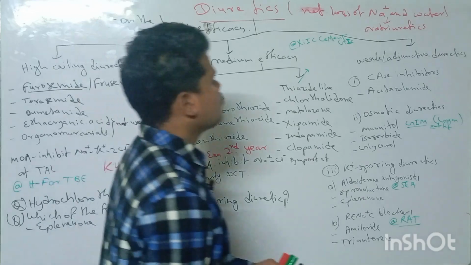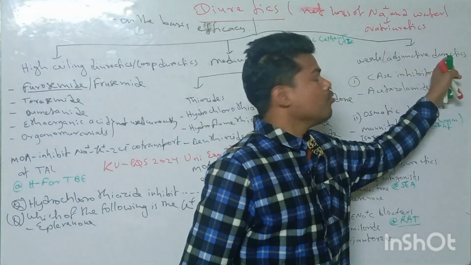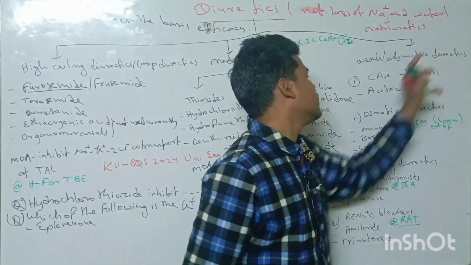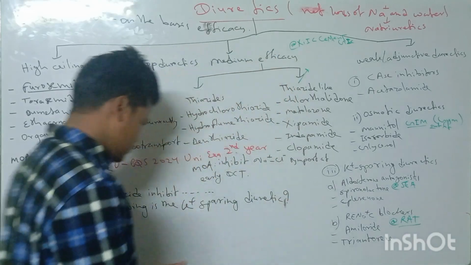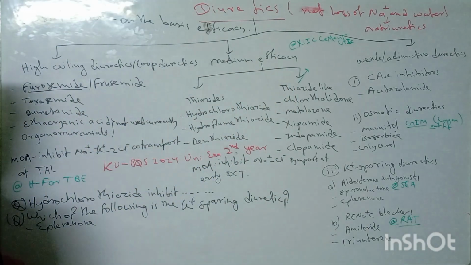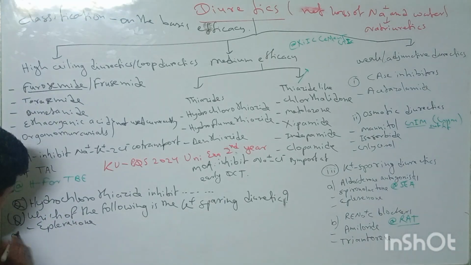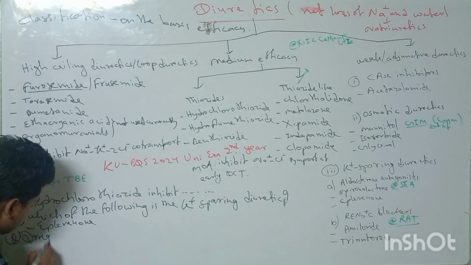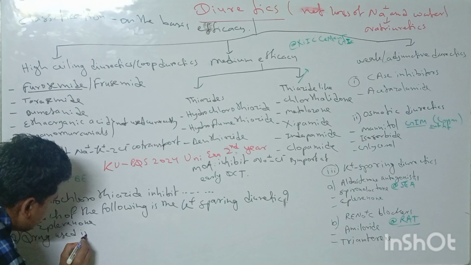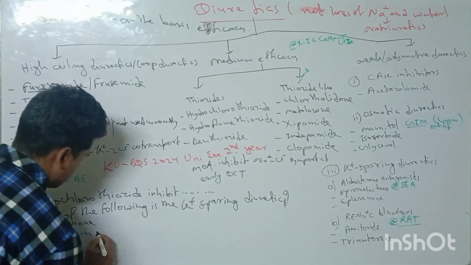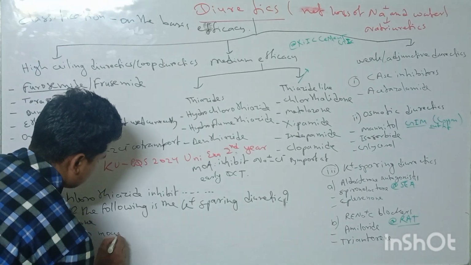Again, one more example from the usage of these weak or adjunctive diuretics. The question was: drug used in mountain sickness.